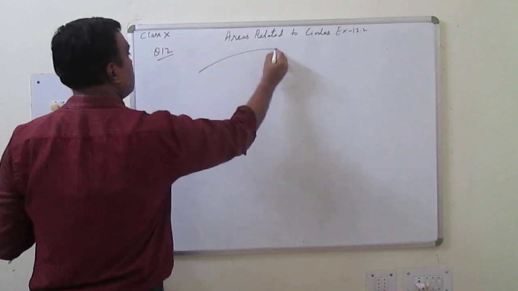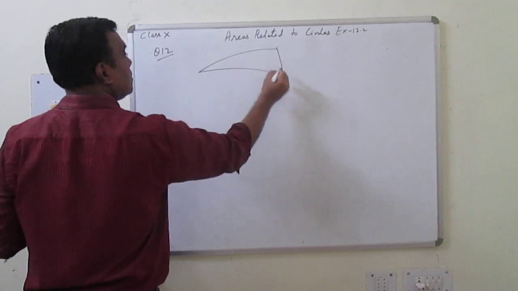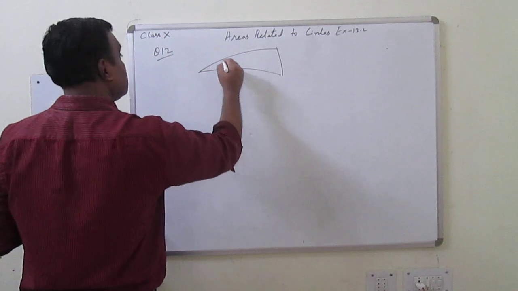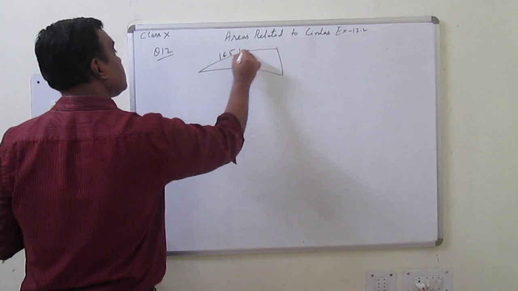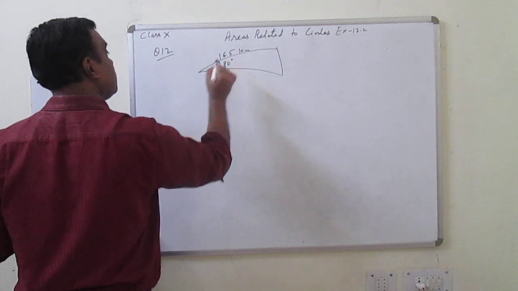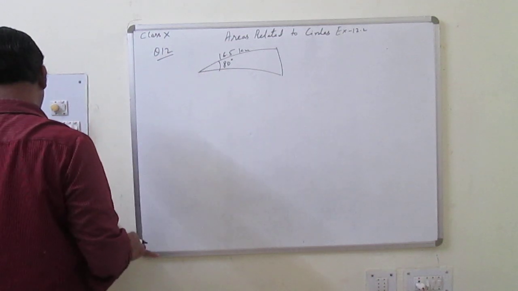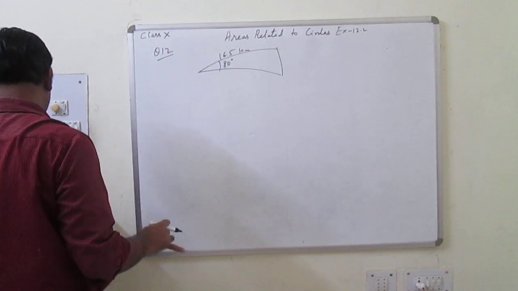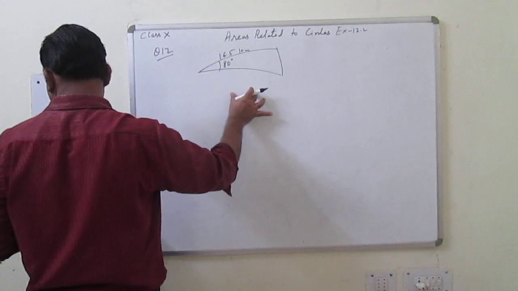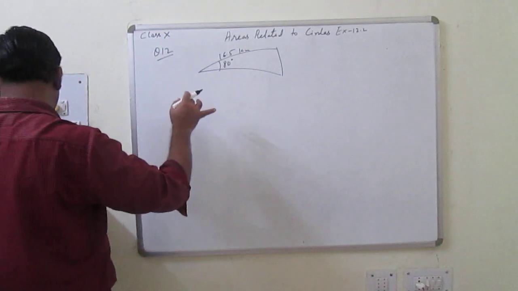See, this is a lighthouse spreading a light. This is 16.5 kilometer distance and angle is 80 degree. So how much area is covered?